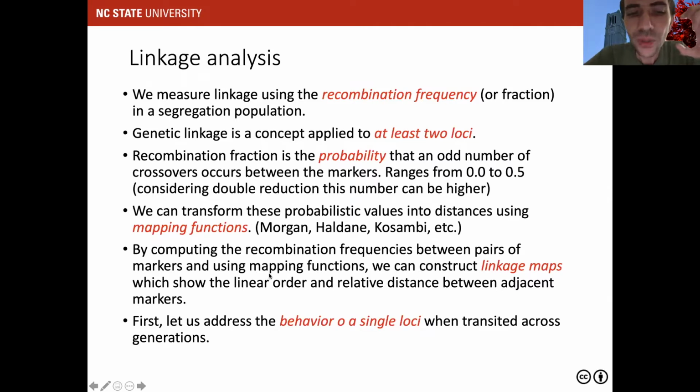When you compute the recombination frequency between all pairs of markers in your genome, you can group these markers into linkage groups, which represent basically the chromosomes of the species.